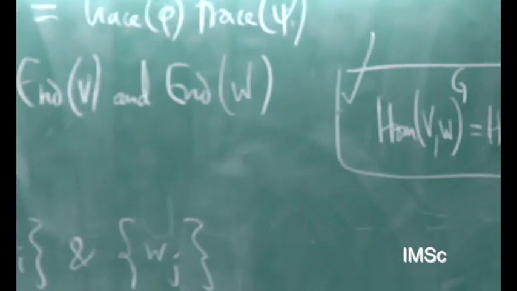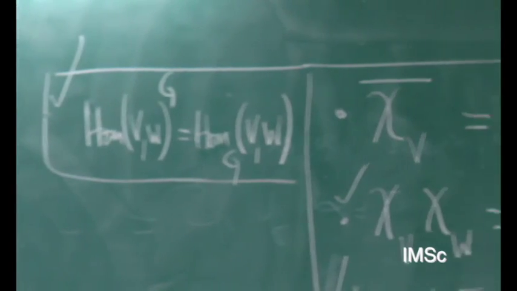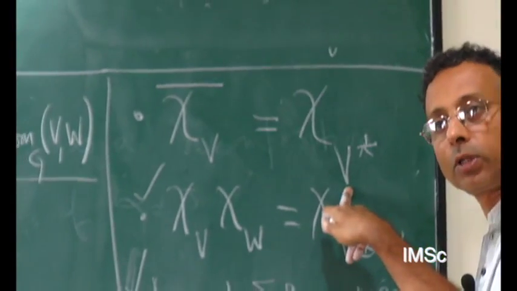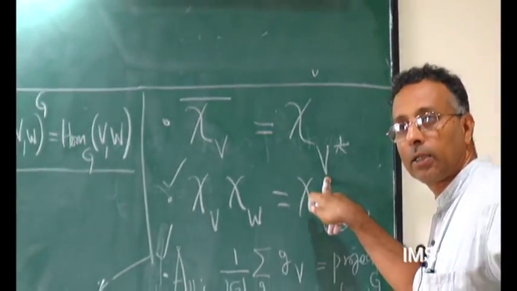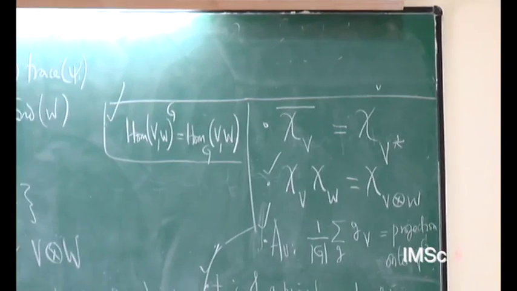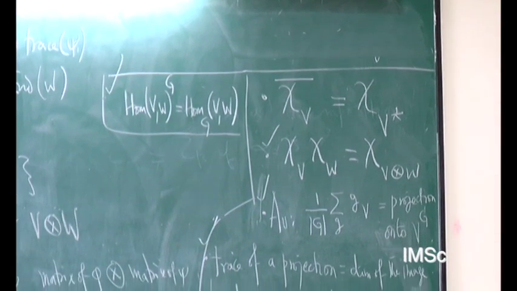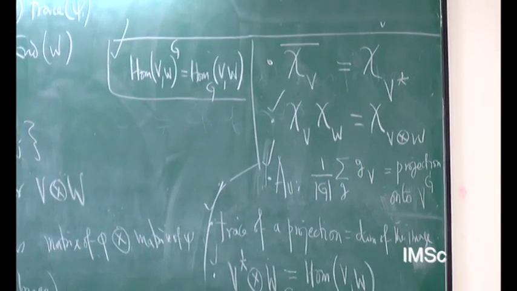So what is relevant here is the unitarity. Here is the rough idea; we'll write out an exact proof. How does G act on V star? G of f of v is f of G inverse of v. There's a G inverse there.